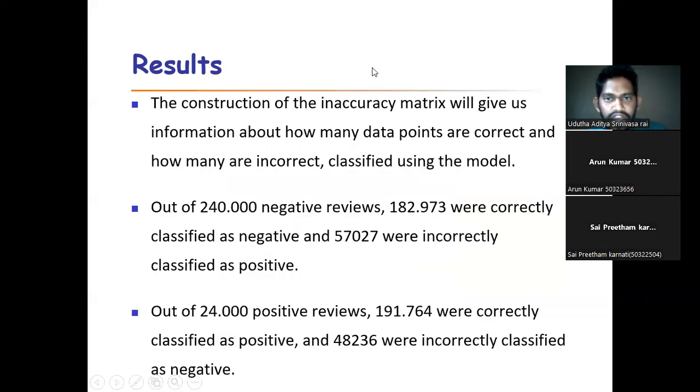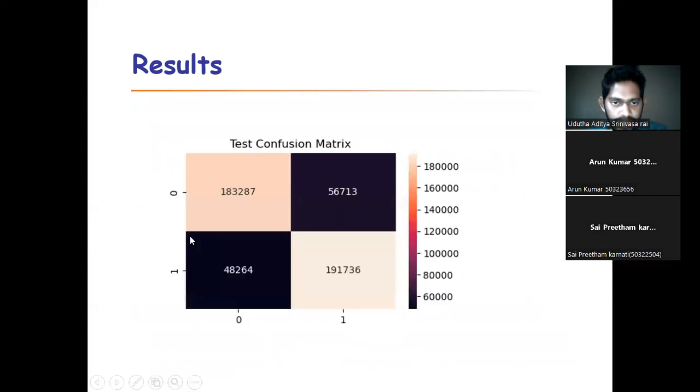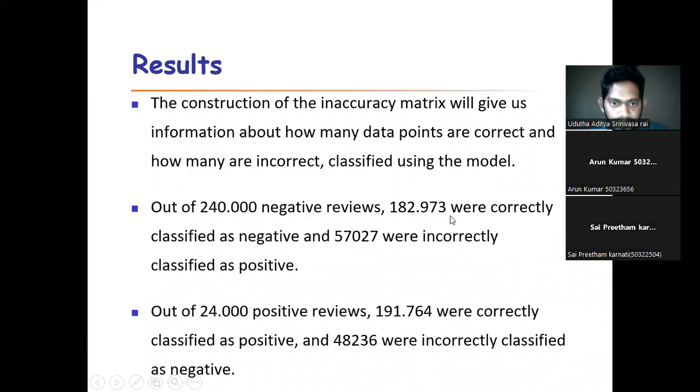The confusion matrix will give us the information about how many data points are correctly and how many are incorrectly classified using the model. Out of 240,000 negative reviews, 182,000 were correctly classified as negative, and 57,000 were incorrectly classified as positive, as we see in the heat map which we got in the result.